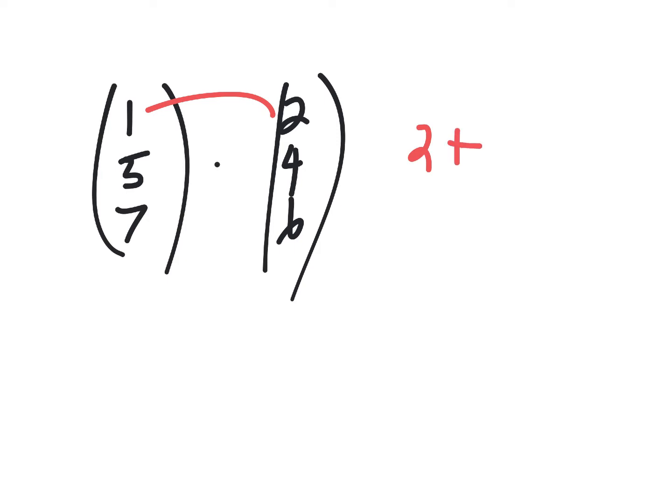Plus, I bet you can figure it out. I just did one on the board 2 seconds ago. What do you think is next? It is. That's 20. And then what do you think's next? Which is? 42. And you put it all together. 42 and 20 and 2. 64. That's the dot product.